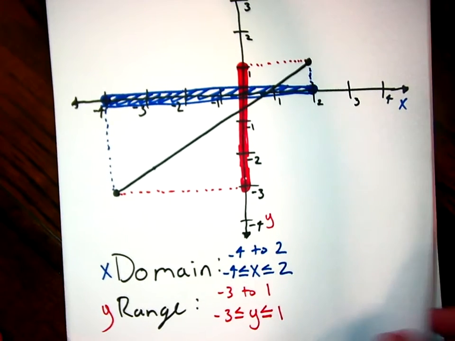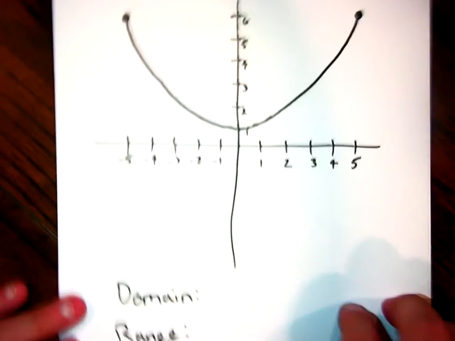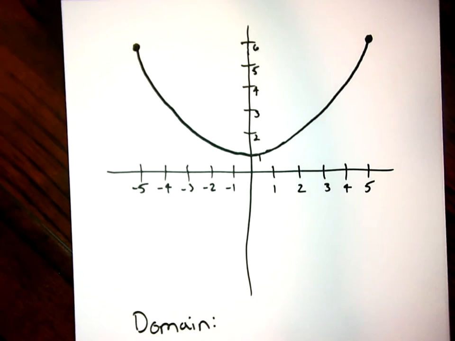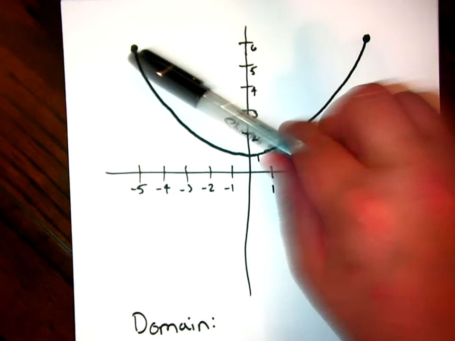Okay. Now, let's take a look at a quadratic. So here I have a quadratic function. Okay, and it's got endpoints here and here.